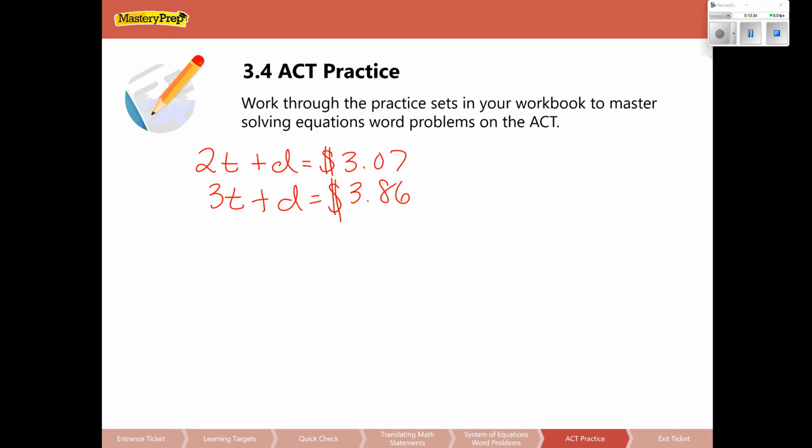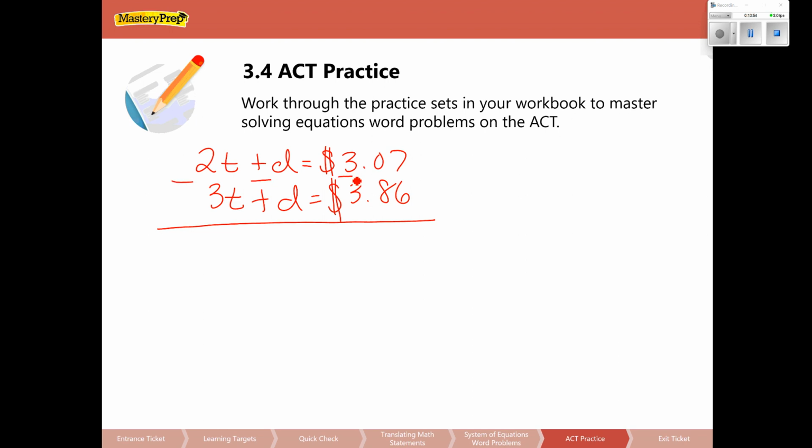79 cents, isn't it? Because one of the methods we can use is our elimination method with systems, which means we get one of the variables to have the same number in front of it. And here, our variable d has the same number in front of both, yes? 1 and 1.